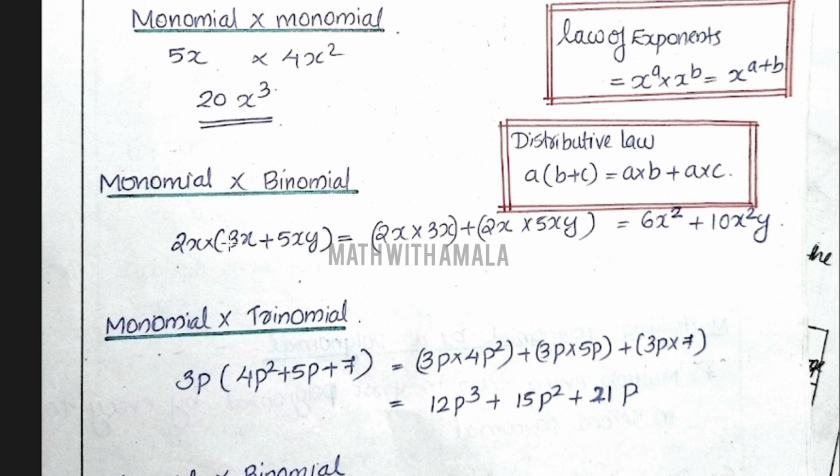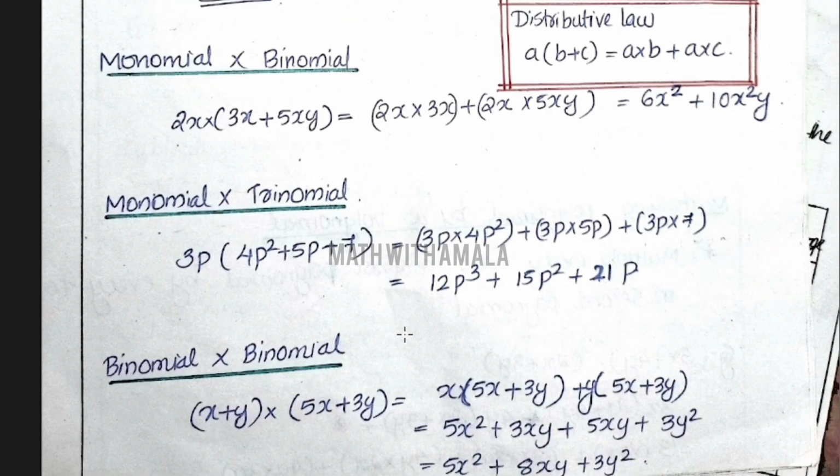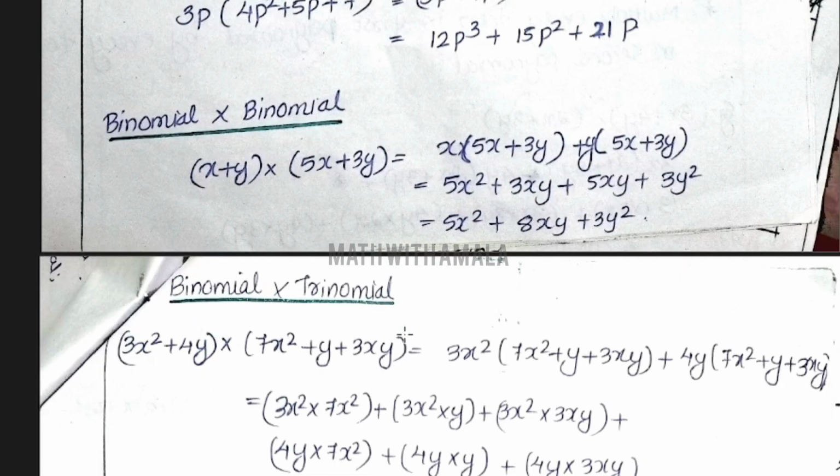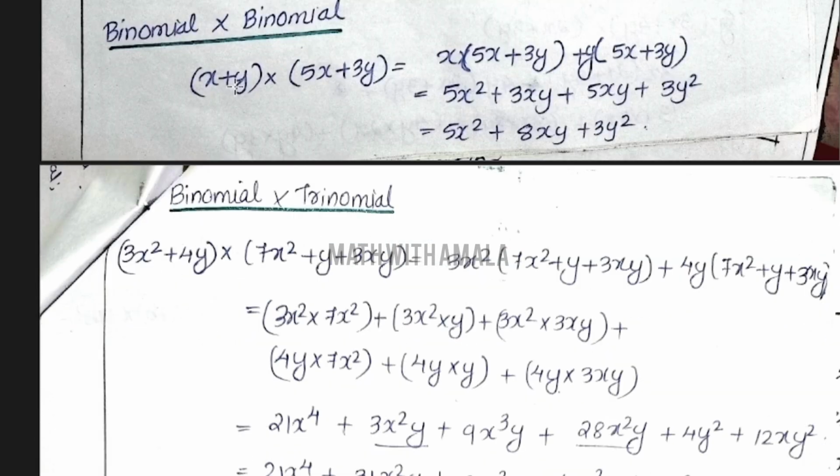Monomial into monomial, you can apply the laws of exponents like x raised to a into x raised to b equal to x raised to a plus b. By applying the distributive law also, as we have done before, we can multiply monomial into monomial, monomial into binomial, monomial into trinomial, binomial into binomial, binomial into trinomial. All these are possible with these kind of law applications.